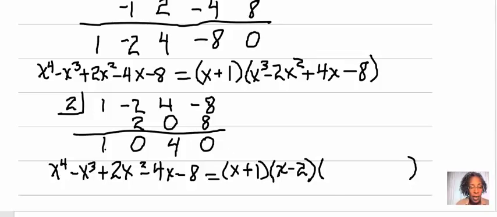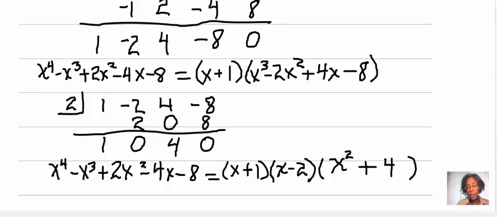So this is x squared plus 0x plus 4. So we don't want to write terms like 0x when we're writing our factorization. We'll leave that unwritten, and we'll simply write x squared plus 4.